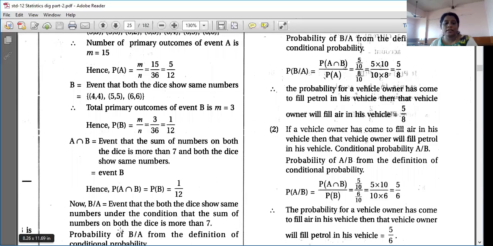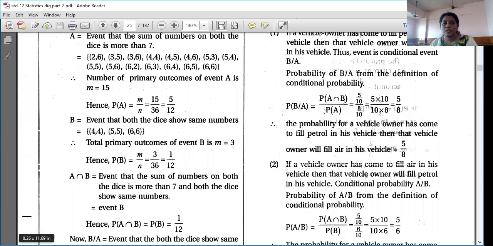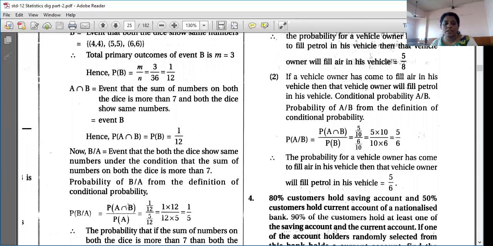Now we'll be finding B by A. See, B by A है ना, if के बाद जो आया है वो denominator में जाएगा, वैसे consider करोगे तो B by A. That is P of A intersection B upon P of A. What is A intersection B? 1 by 12 upon 5 by 12. That is 1 upon 12 into 12 upon 5. That comes to 1 by 5.